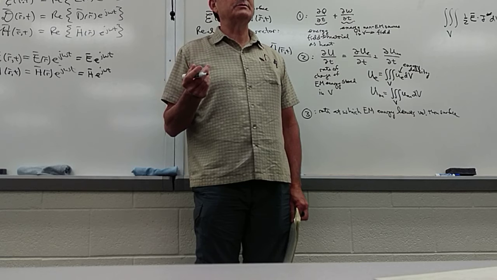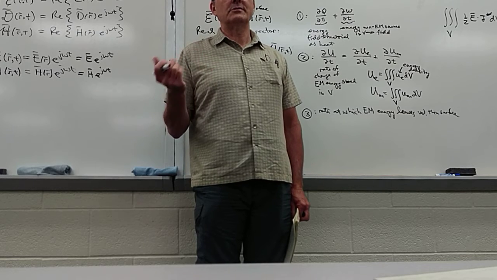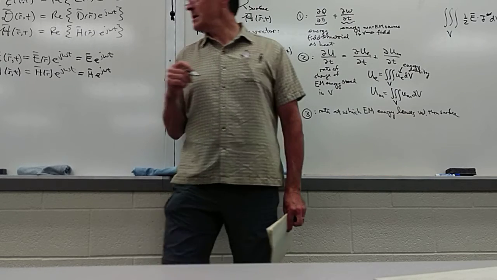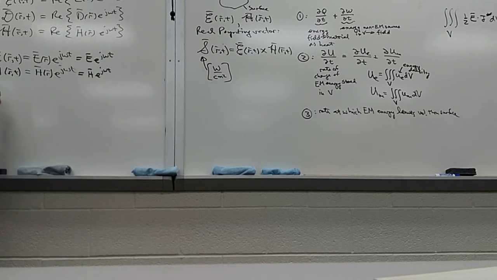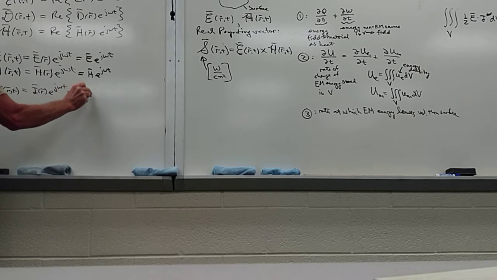It's the complex amplitude vector of the current density, because the current density we'd write in the same way. So it's just that complex amplitude vector.